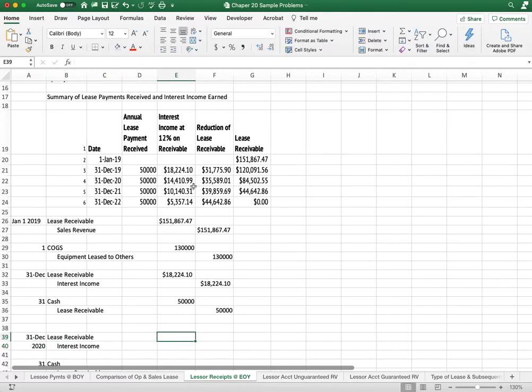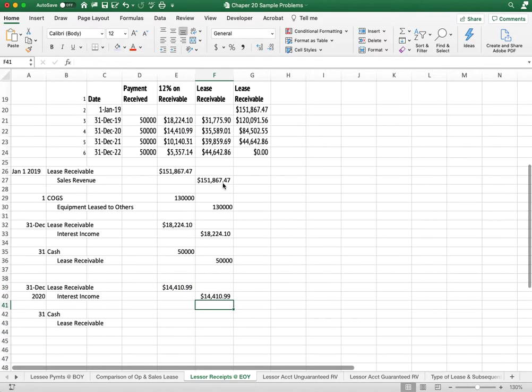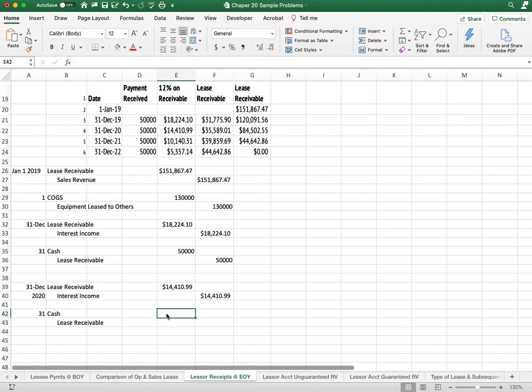We have lease receivable of $14,410. And then the same cash payment for the $50,000, or cash payment from the other party for the $50,000, decreasing our lease receivable by that $50,000. And that concludes this one.